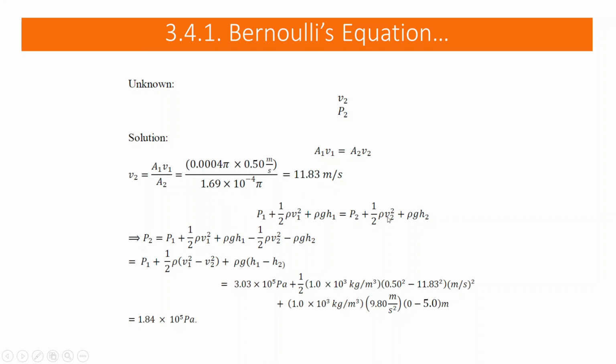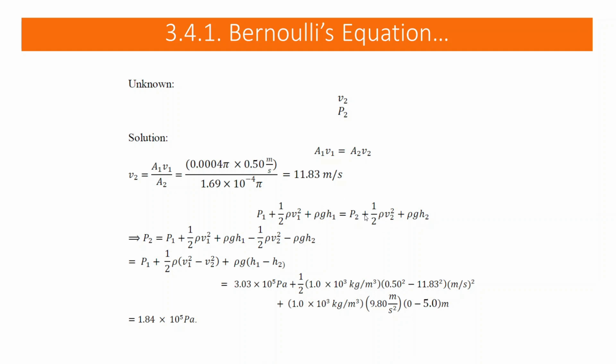Now we apply Bernoulli's equation, which is P1 plus half rho V1 squared plus rho g h1 equals P2 plus half rho V2 squared plus rho g h2. The first unknown that we need to find here is P2. Therefore P2 will be equal to P1 plus half rho V1 squared plus rho g h1, minus half rho V2 squared minus rho g h2, taking these to the left side.